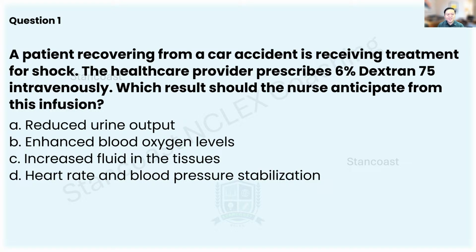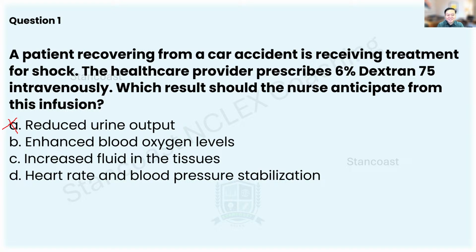If you answered letter A, reduced urine output, that is incorrect. This is not the desired outcome of this infusion, as we know that dextran 6% is a colloidal solution.